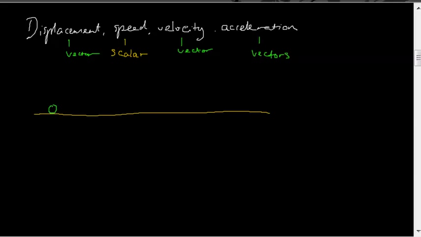So I'm going to start with just simply motion along one direction. Let me think of this as the x-axis, the x direction. I'm just going to think of motion along a straight line, so it doesn't go up, down, left, right, or in 3D.